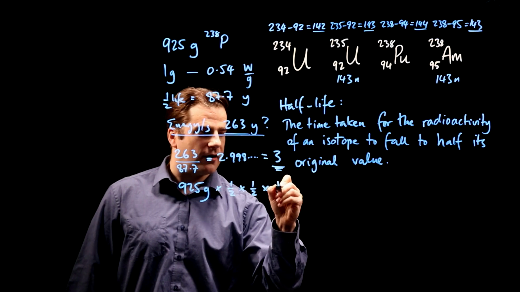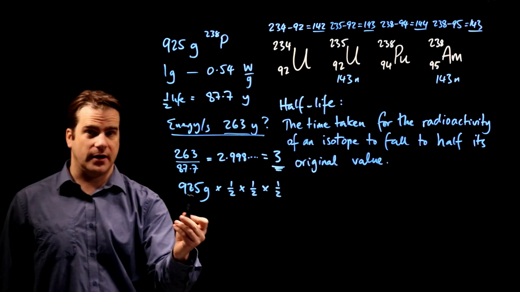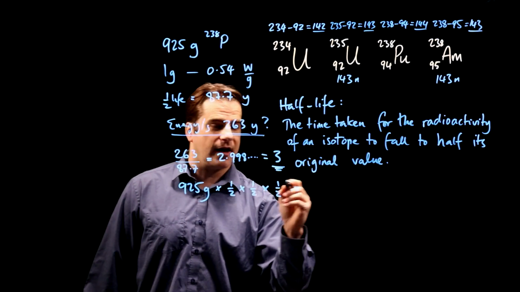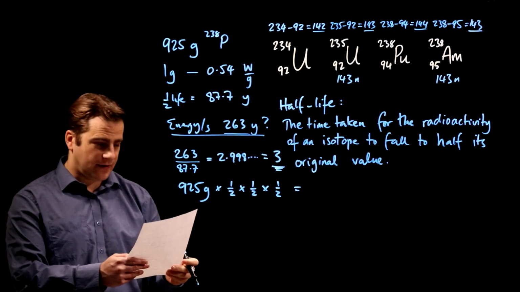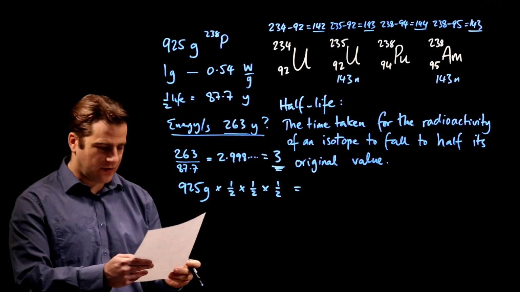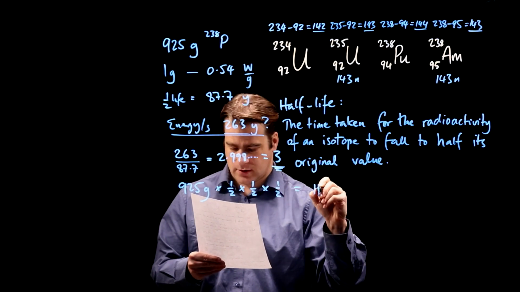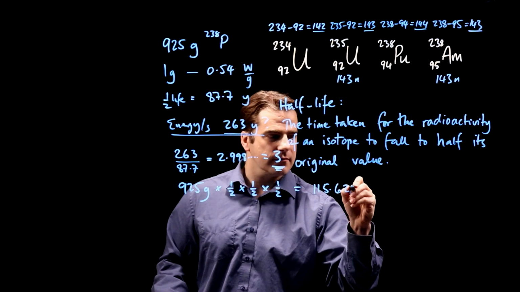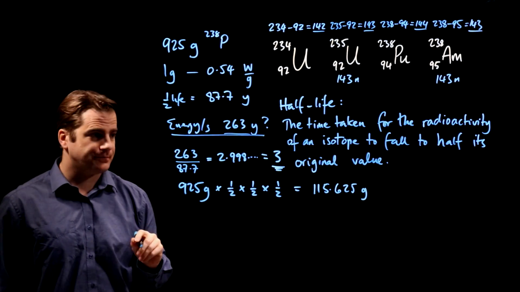And after the third half-life, there's half of that left. So 925 times a half times a half times a half is how much is left after 263 years. Stick that in your calculator. It's 925 divided by 8, and you get 115.625 grams. Put that in your calculator's memory.